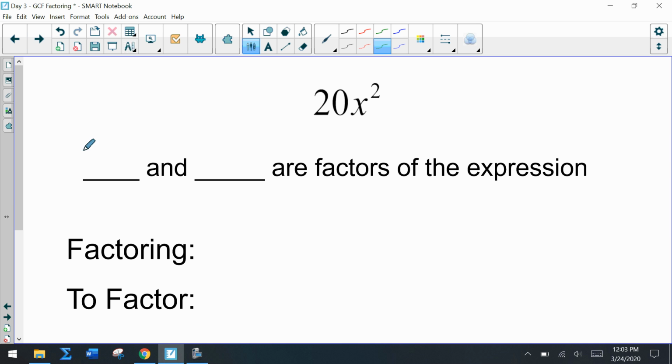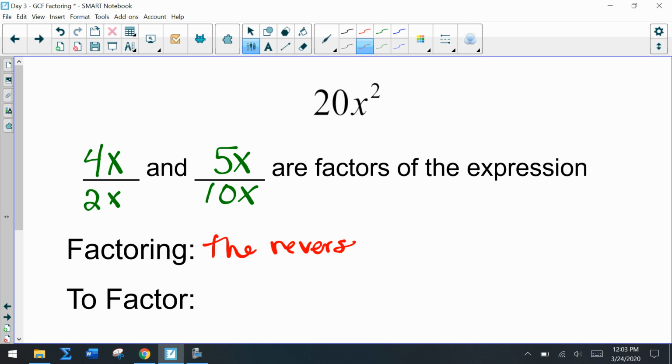So we had 20x squared. We said that 4x and 5x are factors of the expression, or we said 2x and 10x are factors of the expression. And so factoring is the reverse of multiplication. Okay. And so to factor means to write an equivalent expression that is a product of two or more expressions.